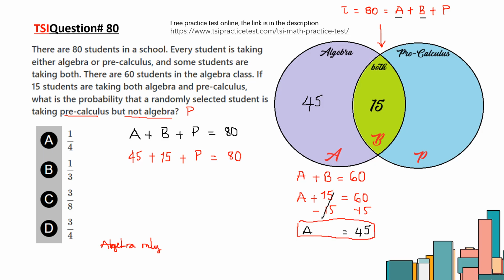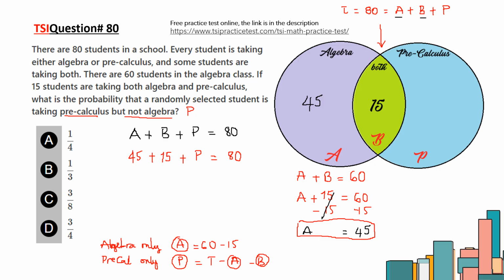Since the algebra class is 60, A is equal to 60 minus 15, which is section B. If they ask for pre-calculus only, which is pre-calculus but not algebra, that is area P. You take the total and subtract the algebra class, which is the whole purple circle, or you can just say minus part A and part B.